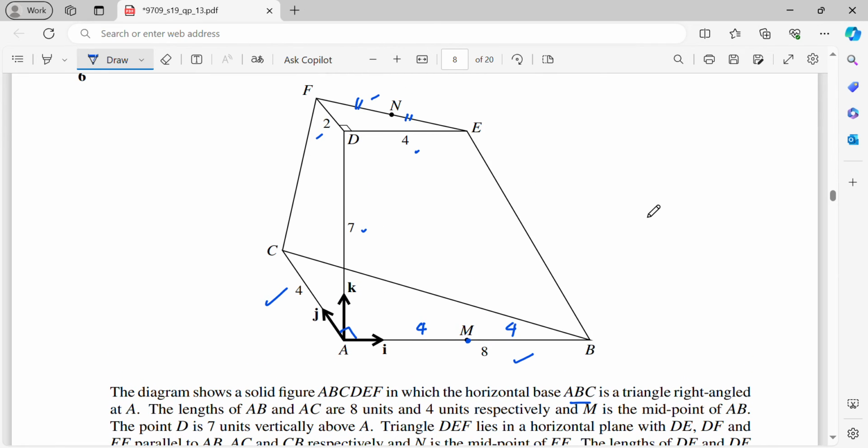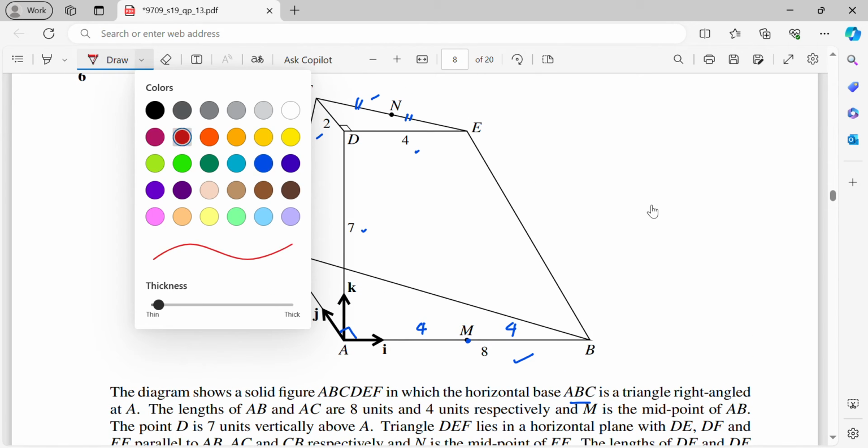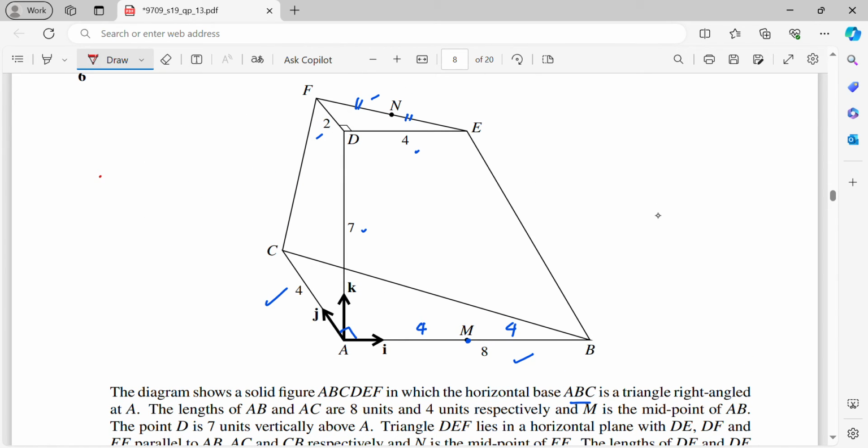So MF. Okay, here. Right. So just use a ruler to join these 2 points. MF. This is the vector that you need to find.